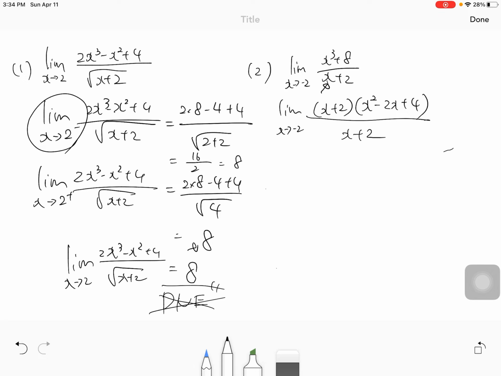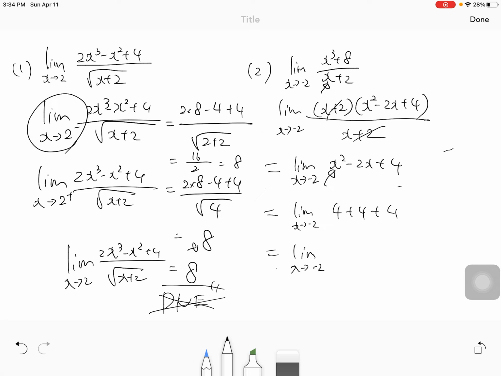Then you can just cancel out, and the limit as x approaches negative 2 of x squared minus 2x plus 4. So you just plug in negative 2 into x, then 4 plus 4 plus 4, which is, the answer is going to be 16.